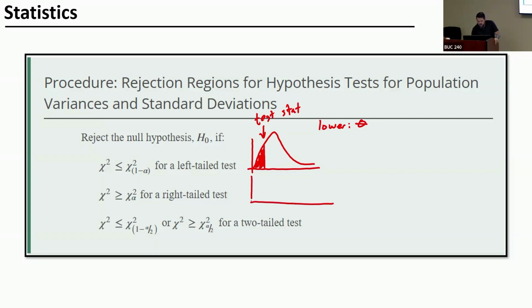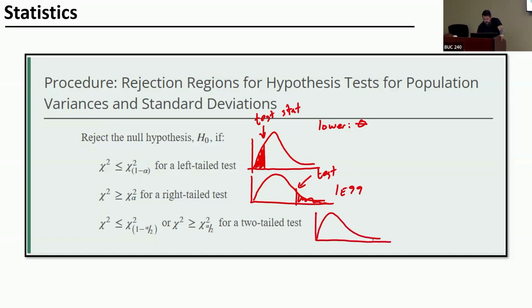You still have a distribution that looks like this, and that's just your test statistic. But now your upper bound is going to be 1E99, because remember, it's shooting off to infinity. And then for a two-tail test, starting at 0 again.